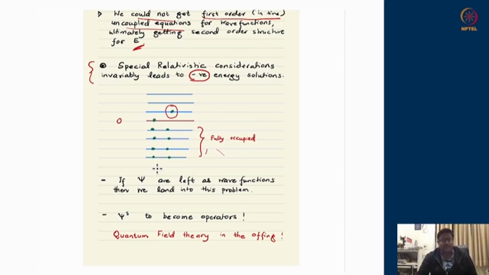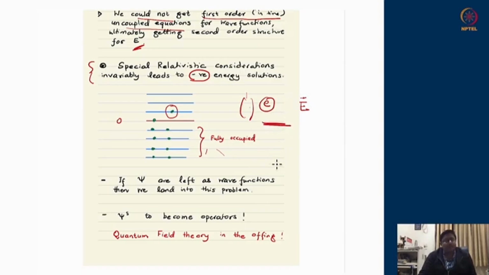So then probably we are talking about fields, about wave functions which have some charge, and if they have some charge, they will talk to the electromagnetic field outside. So we should write down a special relativity compatible Hamiltonian of a charged particle. Right now we have written it for a free particle. We should write it down for a charged particle talking to an electric field. That attempt we should do.